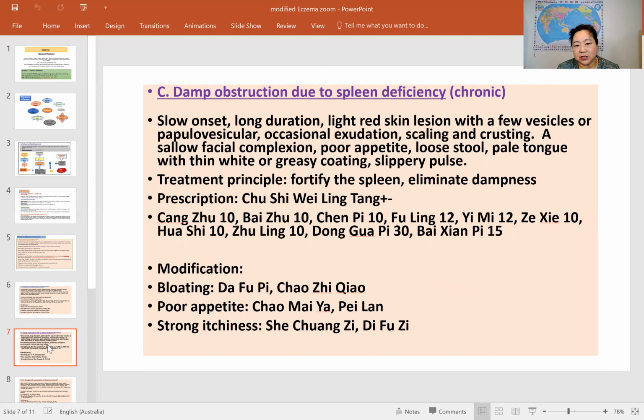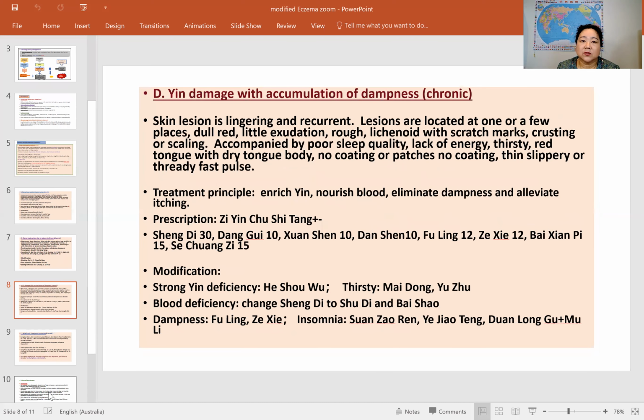If there's strong itchiness, we can add 蛇床子, 地肤子. 蛇床子 is not allowed to be used in Australia because the pharmaceutical bureau think it is toxic. But the good thing for Chinese medicine is there are so many herbs have similar functions. You can always choose different herbs. Okay, now let's move on to the next one.